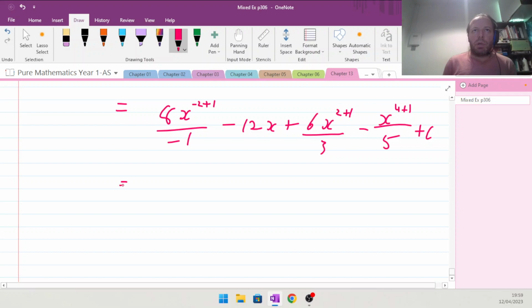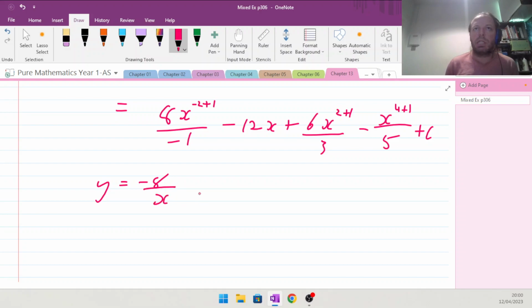So we end up with y equals 8 over minus 1, because of the minus 1 on the bottom, x to the minus 1, so that's minus 8 over x, minus 12x plus 2x cubed minus x to the 5 over 5 plus c.